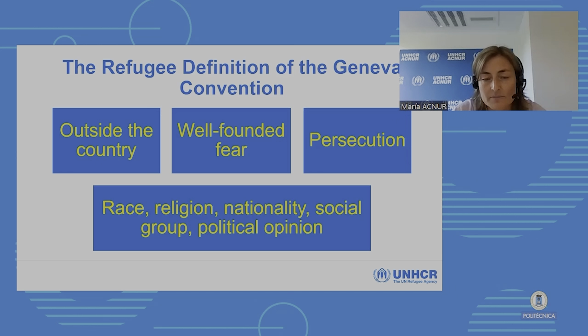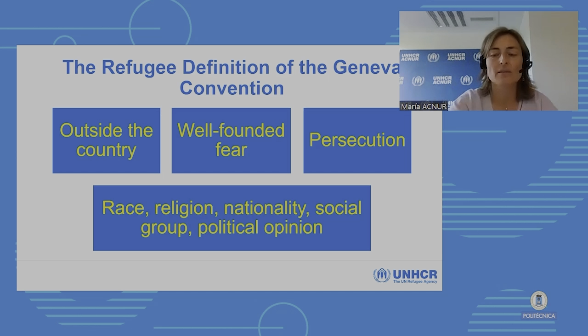So this persecution has to be linked to any of the grounds that you see as the last element of the definition. But talking about the persecution, what is also important to take into account is who is persecuting you. This is a very important issue in refugee protection.